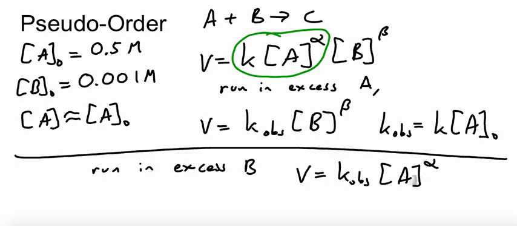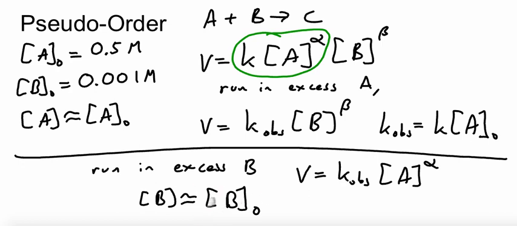And so now we're just probing on the concentration of A and the effect of the concentration of A on the rate, because if we run it in excess B, this time B would be approximately equal to B naught, because we have so much B that almost none of it's eaten up during the whole course of the reaction. So this is approximately constant. So maybe its concentration changes from 0.5 molar to 0.499 molar.